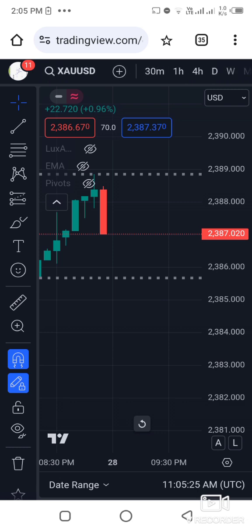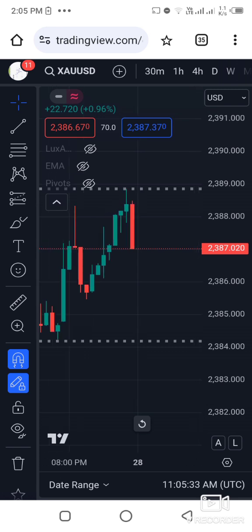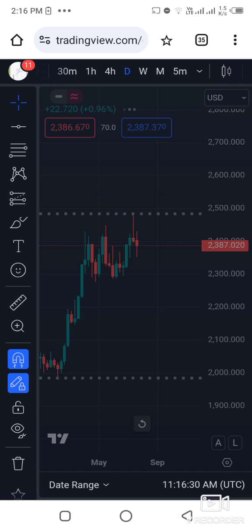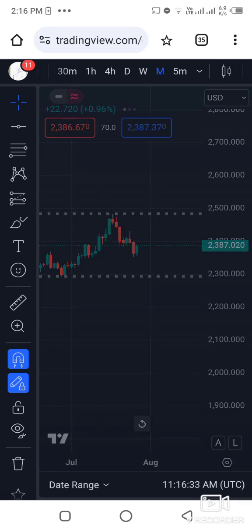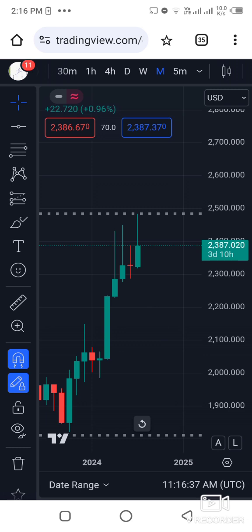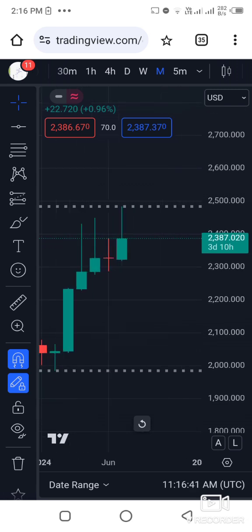Before you begin any analysis, guys, one of the things you need to do is always go and look at what is happening from the monthly. For example, in the last month the market closed with an indecision candle.